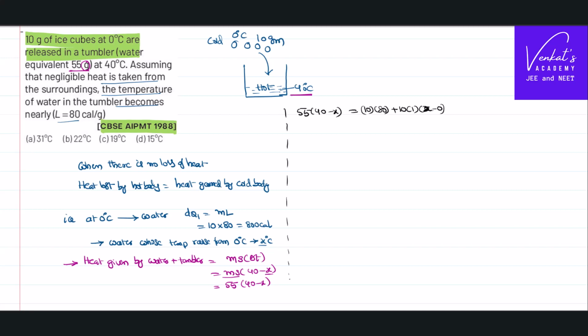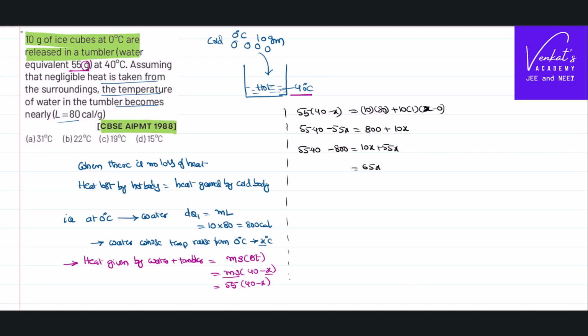So let us simplify this. 55 into 40 minus 55 into x is 10 into 80, 800, plus 10 into 1 into x, which is 10x. So 55 into 40 minus 800 equal to 10x plus 55 into x.